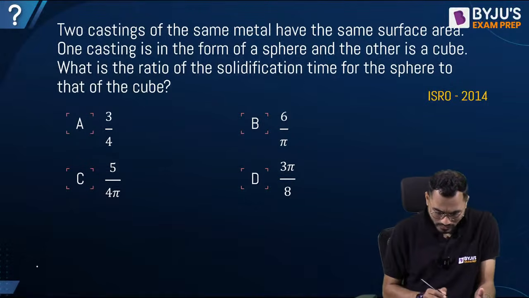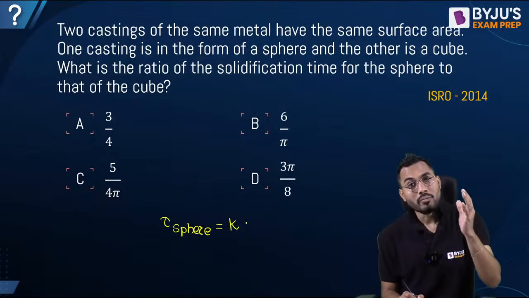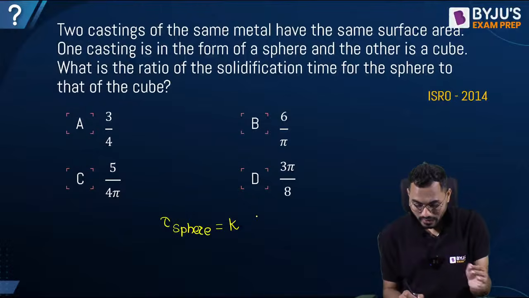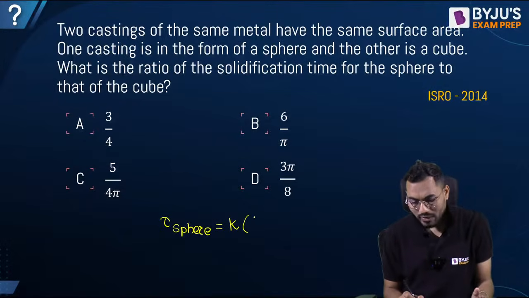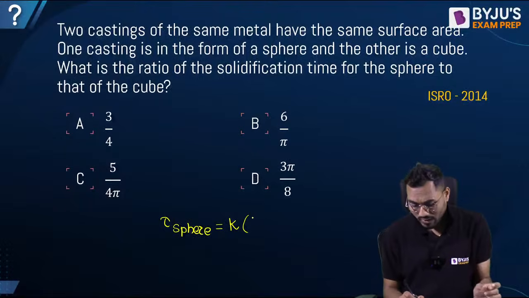The solidification time of a sphere is equal to mold constant K into volume by surface area. So can I say that the ratio of volume by surface area, the modulus of casting, for a sphere comes to d by 6.